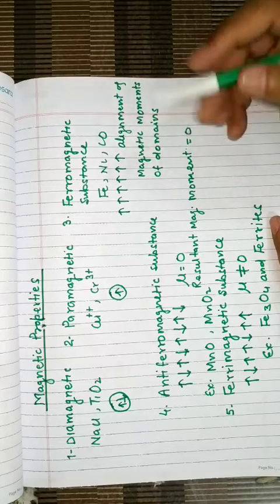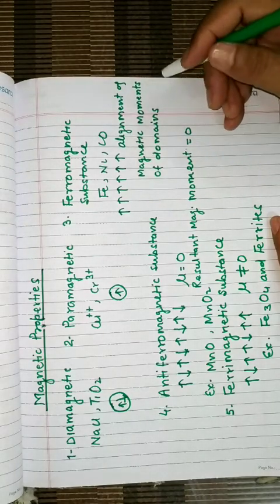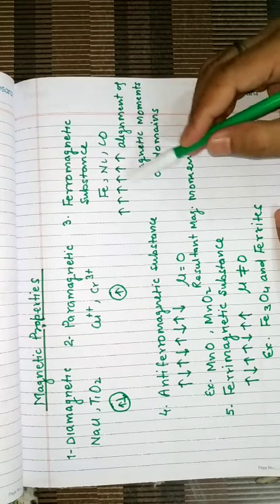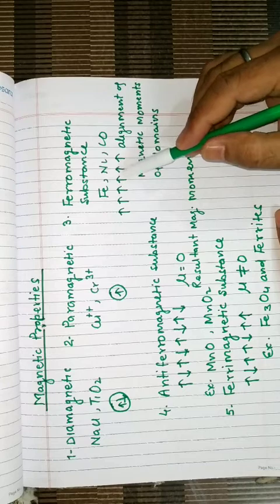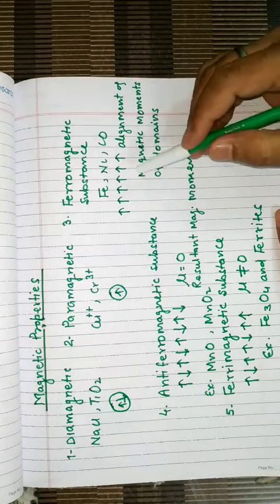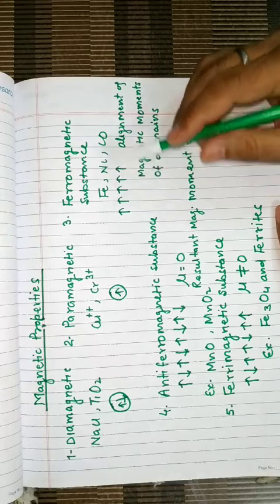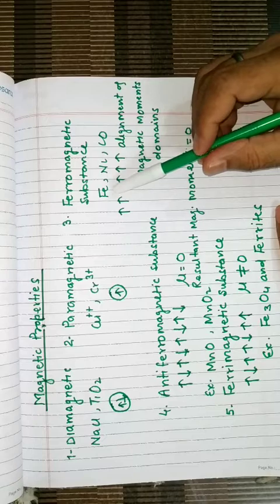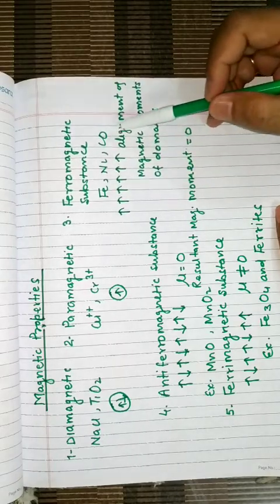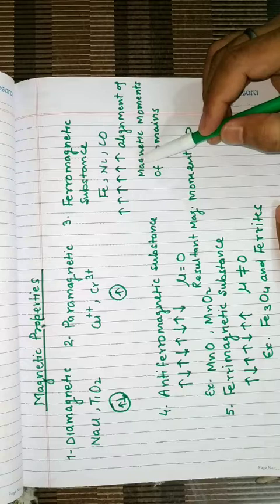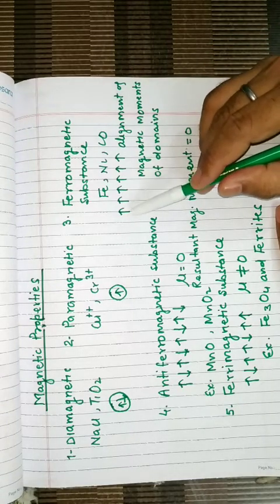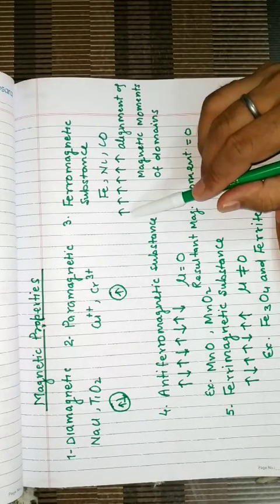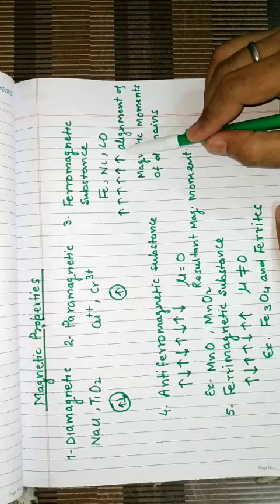So this results in a very high degree of magnetism, and once these substances are kept in an external magnetic field, they become permanent magnets. This means their magnetism persists even if the external magnet is removed. For example, iron, nickel, cobalt: in all these cases, once they are magnetized, they become permanent magnets because of the alignment of the magnetic moments of the domains in one direction in a parallel fashion.